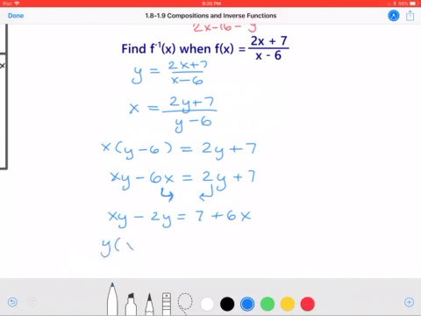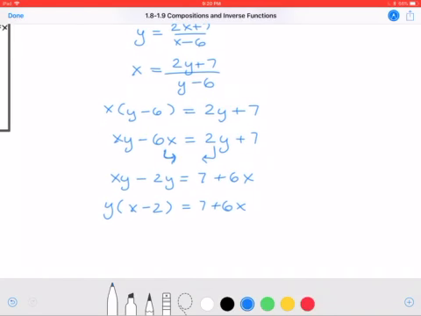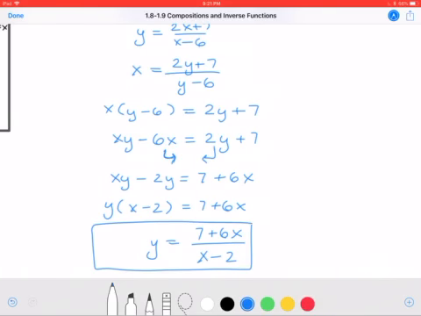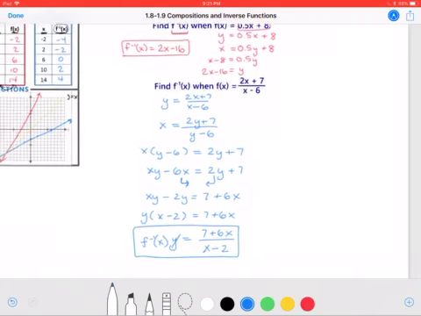If I factor out a y, I'm home free. Are you seeing it? So our final step, just dividing by that x minus 2. Oh, and I could write that y value as f inverse of x now if I'd like to. That one was a little trickier, right?